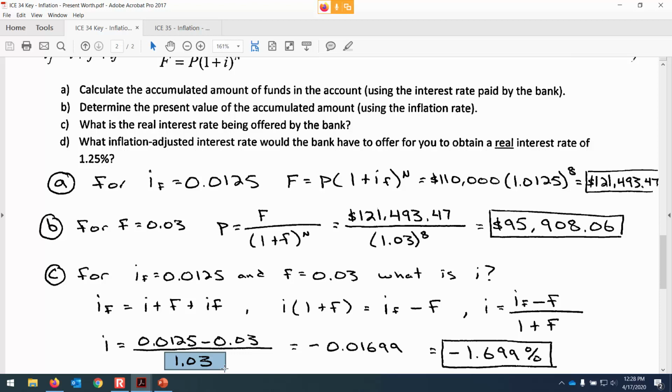So that means that your money is losing 1.7% of its value each year it's in the bank. And it's not just if it's in the bank. Anytime you have money someplace and it's not growing at least as fast as the inflation rate, then effectively you're losing value.